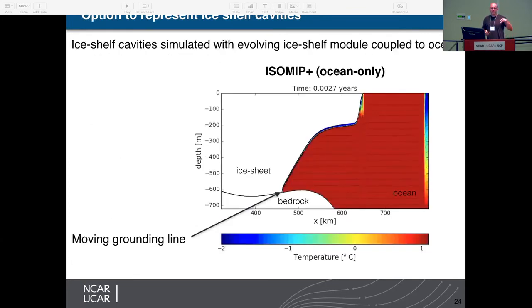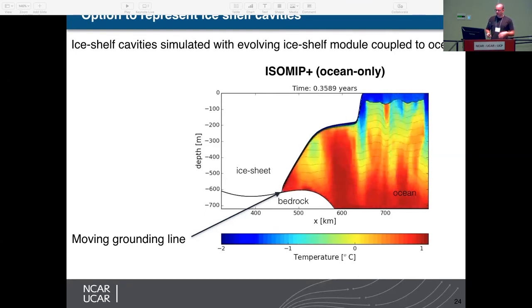Going back to the idea of built-in wetting and drying, one of the things you can do with that is better represent, for example, the interaction between the ocean and ice shelves. Ice shelves are the interface between the land, ice, and the ocean, those platforms of ice floating on top of the ocean. With MOM6, wetting and drying is built in.